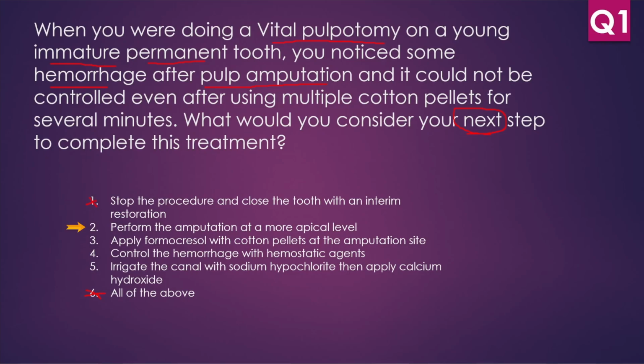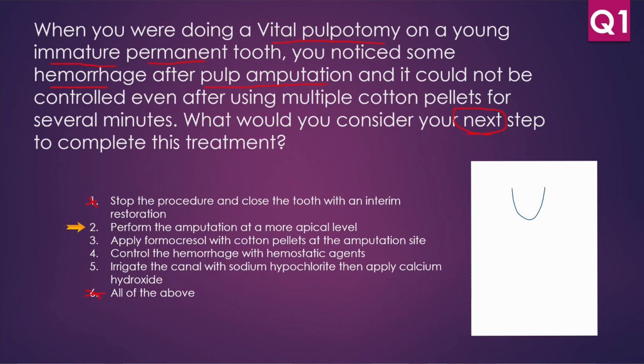Then perform the amputation at a more apical level. This is a better option, and let me explain what this is. Basically, let's say this is our tooth, the crown of the incisor, and this is the root which is not completely formed.